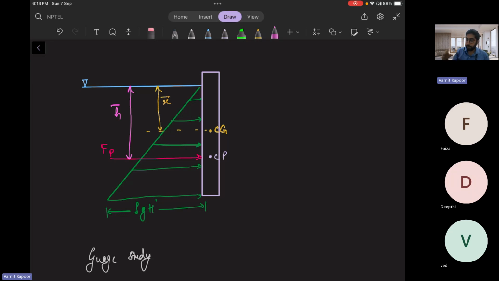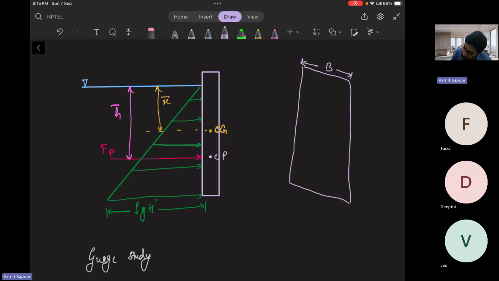So if I draw the isometric view of the plate here, what do we observe? Let us say this is P, the width of the wall, and the complete height is h.